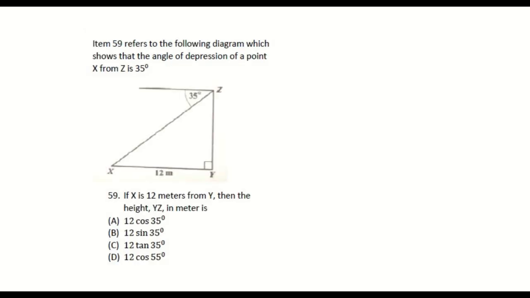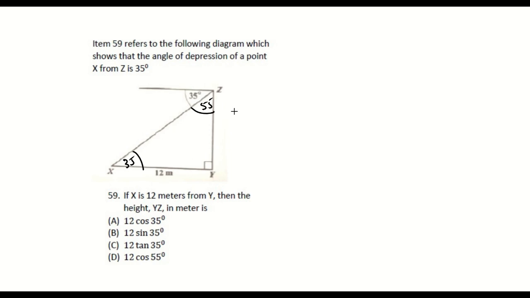Item 59, the height of... It is a repeated question, but you need to pay attention to it, guys, because they like to change it up just a little bit. You'll see, first off, this is 35. This is 55, right? We know that this is 12 meters, and they want to know the height, which is YZ.